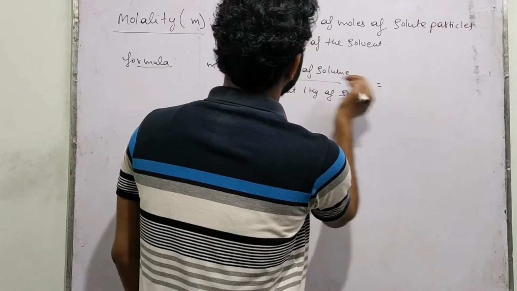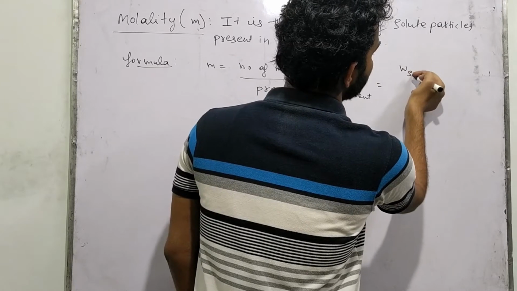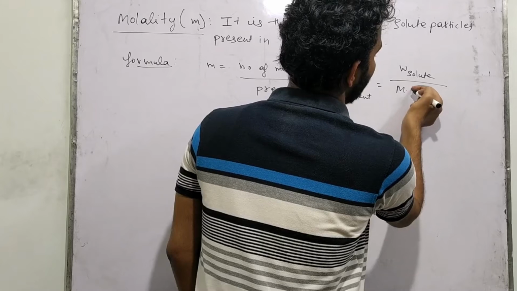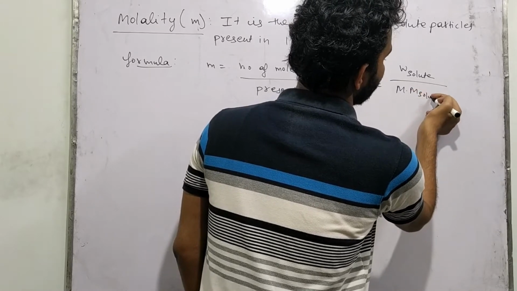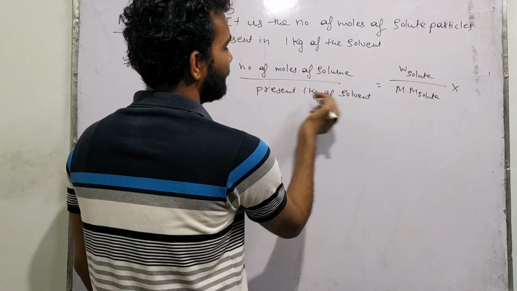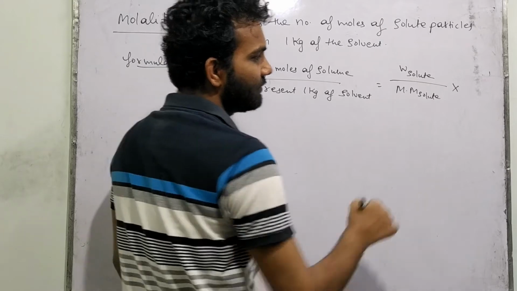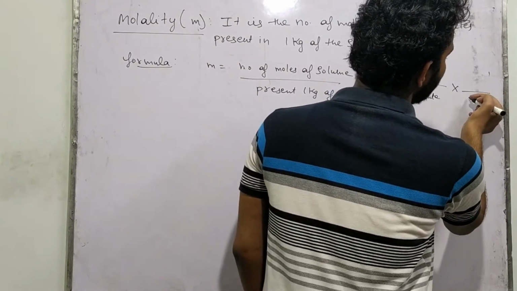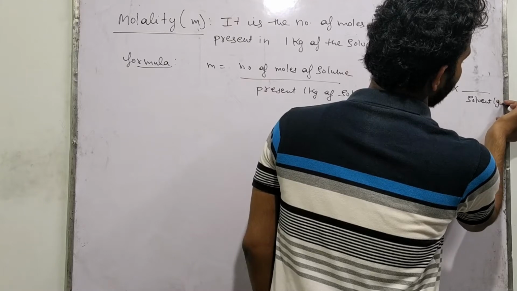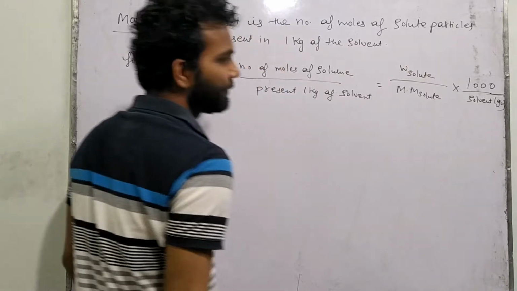Now you can change this number of moles to W solute upon molar mass of solute. If the solvent is present in gram, then you can convert gram into kilogram by dividing by 1000. Clear?